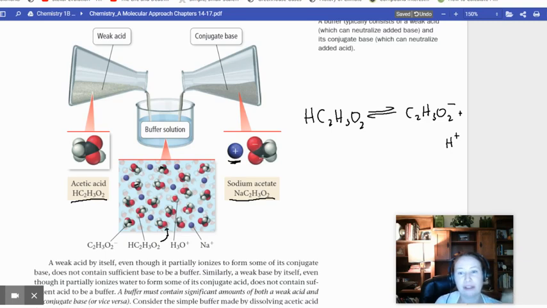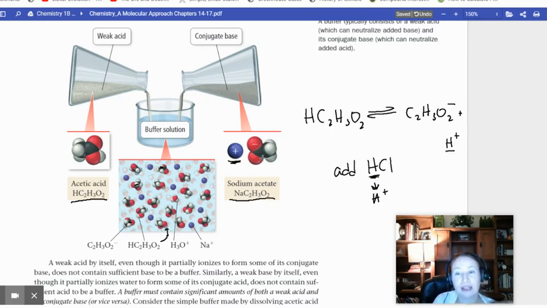Now, if I do something to disturb the system, like let's say I add a few drops of HCl, how does this buffered system resist a change in pH? This H plus is going to completely ionize from the HCl, and I'm adding to the right side of my buffer here, I'm adding H plus.